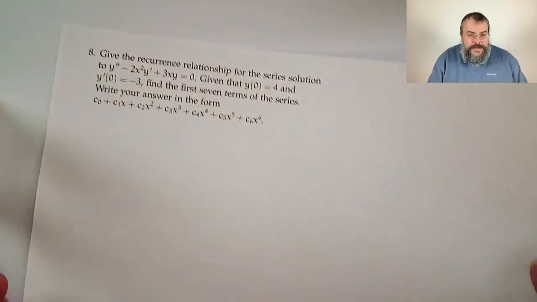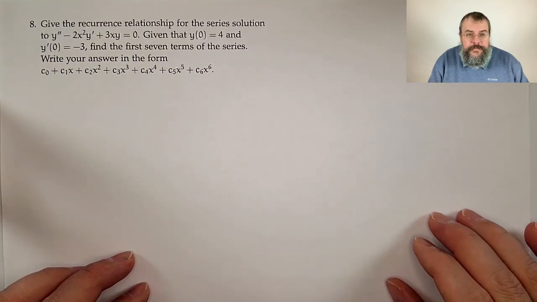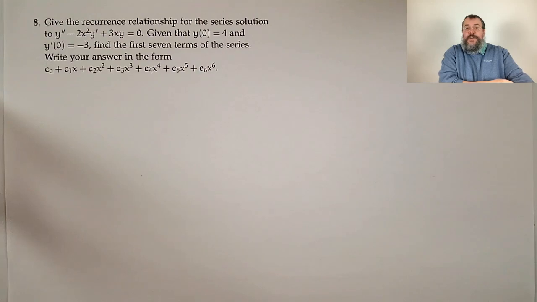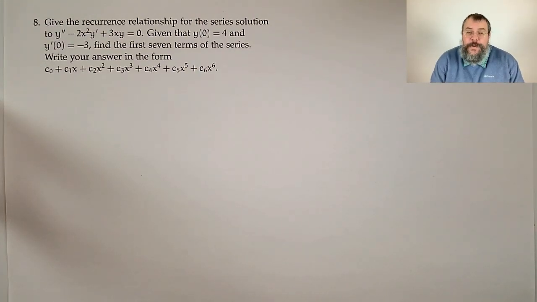All right, so that leaves us with one last problem to bring it home. Number 8. Give the recurrence relationship for the series solution to y double prime minus 2x squared y prime plus 3xy equals 0.